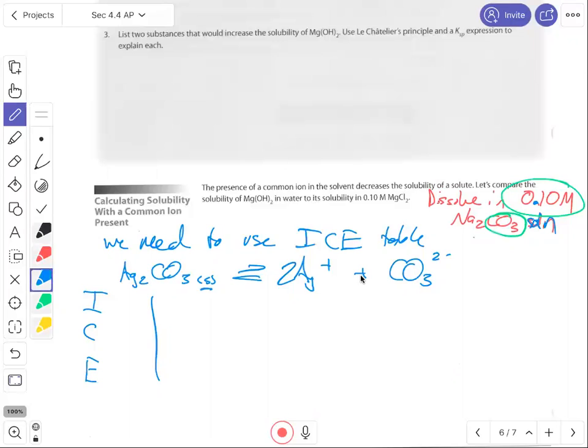No. It is only going to be 0.10 with this, silver is not mentioned. The things that aren't mentioned, we always assume are 0. Correct. So we're saying it's like before you dump any of this stuff in, what is initially in the beaker of solution? Yeah, we had 0.10 molar carbonate, but there is no silver in the solution.